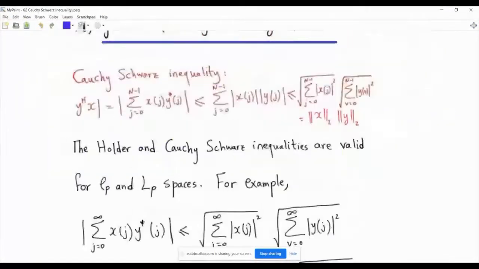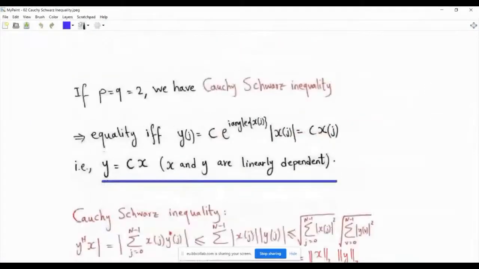Now, the Cauchy-Schwarz inequality is a special case. It is the case in which p is equal to q is equal to 2, right? Because 1 over 2 plus 1 over 2 is 1. So this satisfies our condition. And in that case, if you go to the condition of equality, you will find that it simplifies as such.